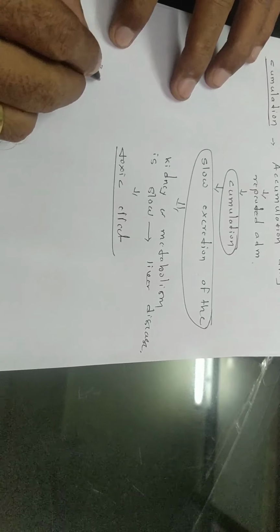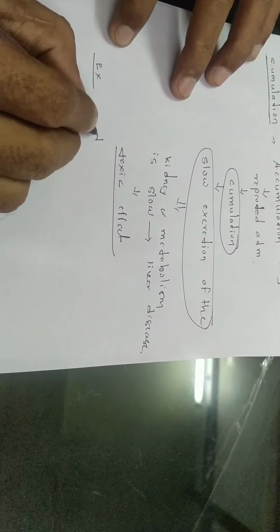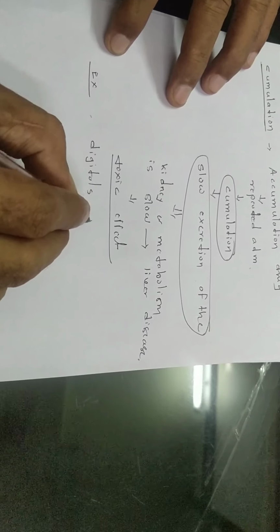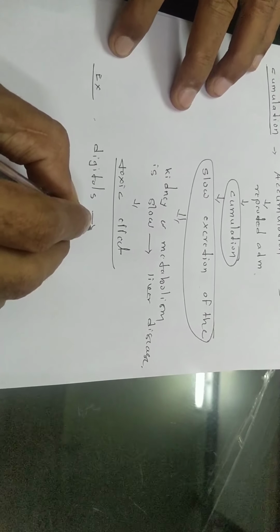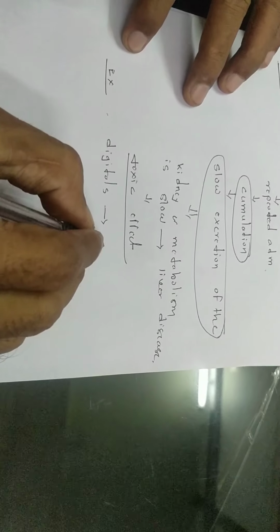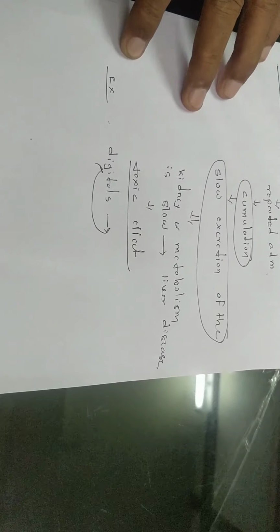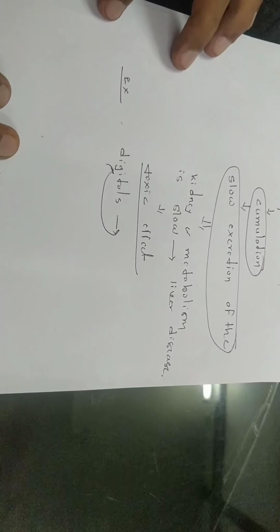An example of such a drug is digitalis, which is excreted very slowly, and its dose should be very carefully adjusted. That is called the accumulation effect.